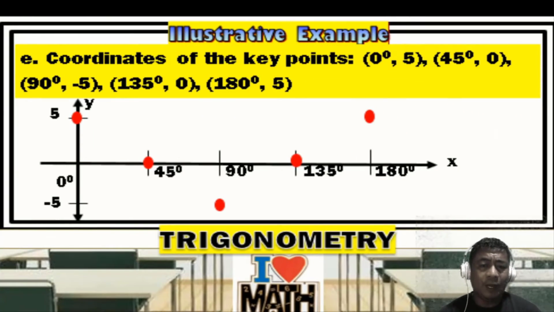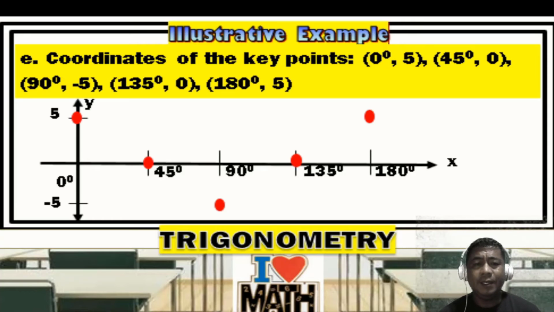Then we have the coordinates of the key points. After getting the increments, we get the coordinates of the key points, substituting the given values of the increments.